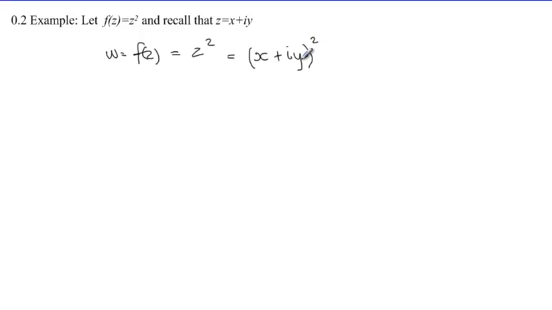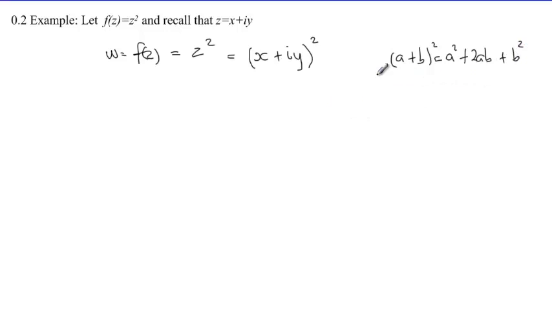Now, at this point, we need to recall our binomial expansion of an expression like a plus b squared, which we all know will give us a squared plus 2ab plus b squared.